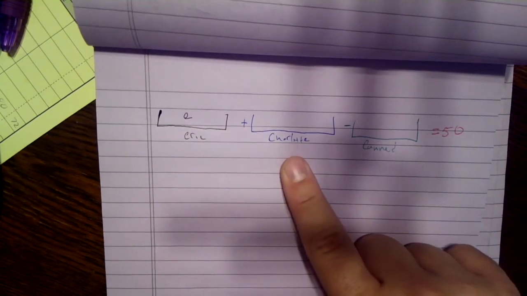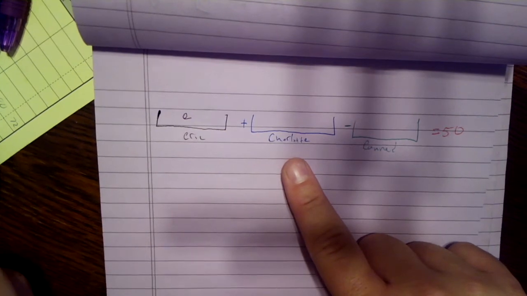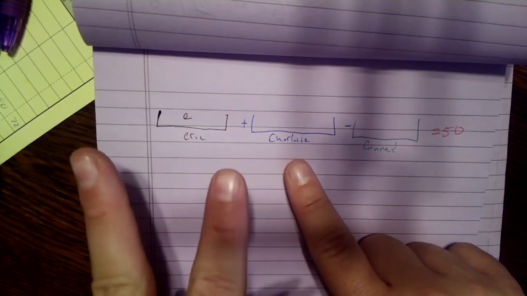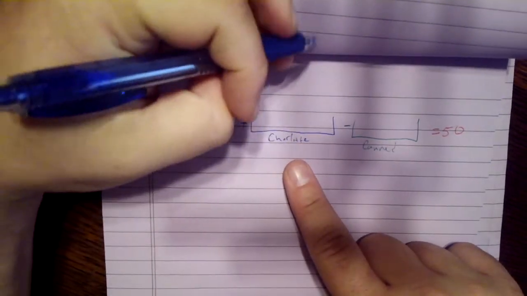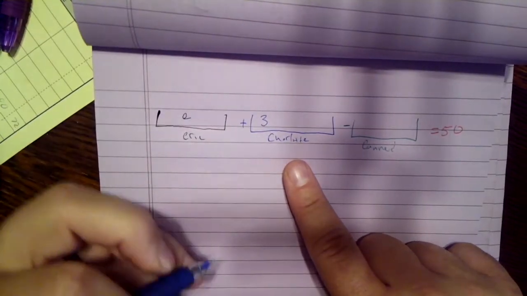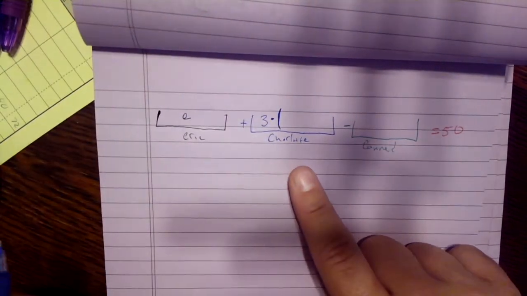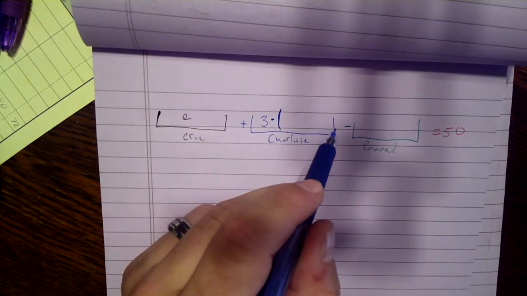Okay, so now I'm going to look at Charlotte. It says Charlotte has 3 times as much as Eric minus 20. So I've got 2 operations in that sentence. We have 3 times, which means I'm going to do 3 times. I'm going to put a parentheses, because this is like the one we did in class today, where it was a number minus another number.